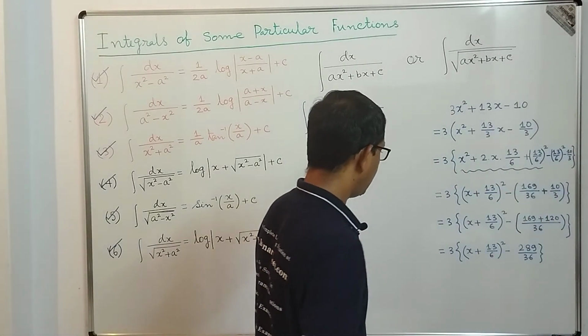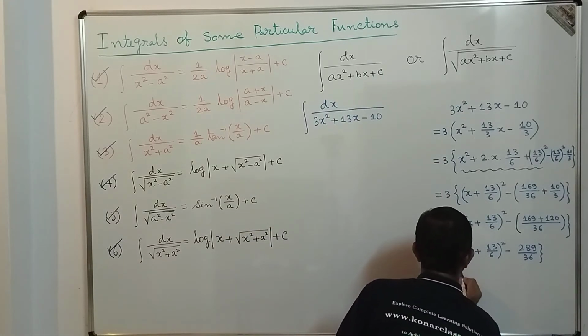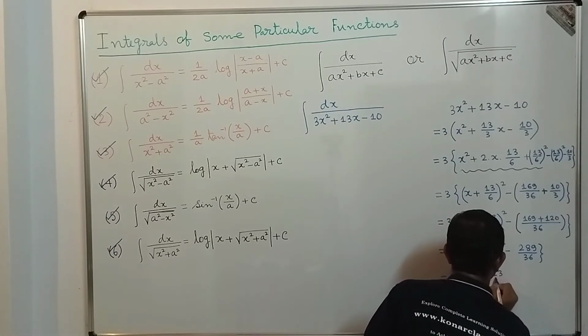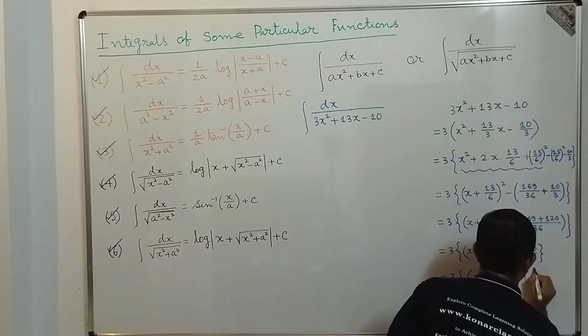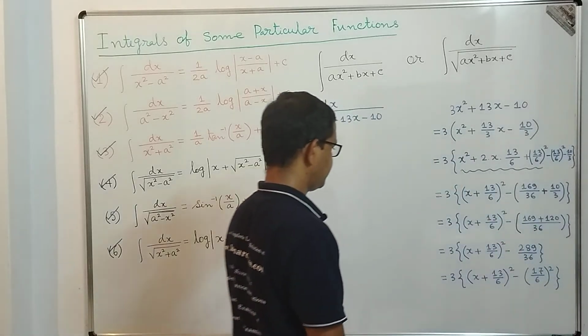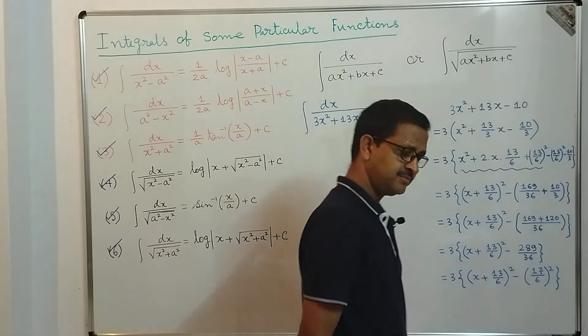Now we can write it in the form of 3 into (x plus 13 by 6) whole square minus (17 by 6) whole square. Correct, dear students? Okay, because 17 square is 289.